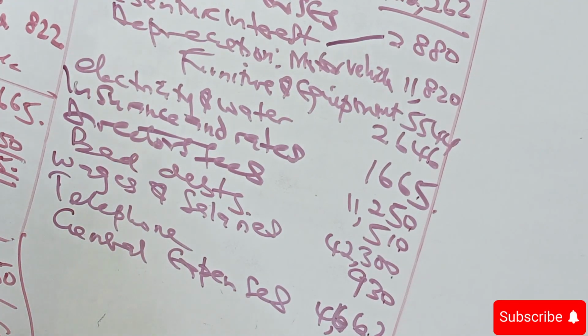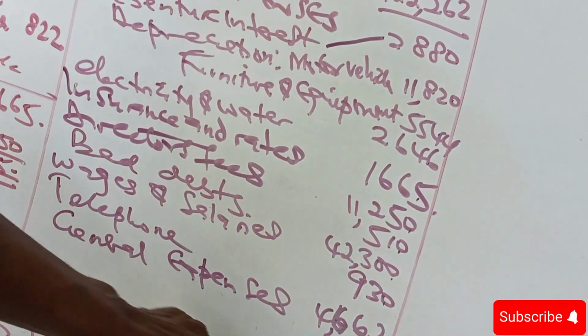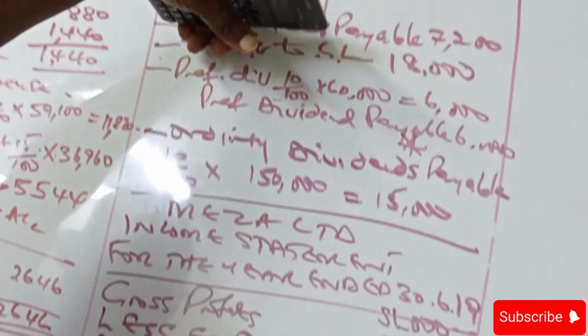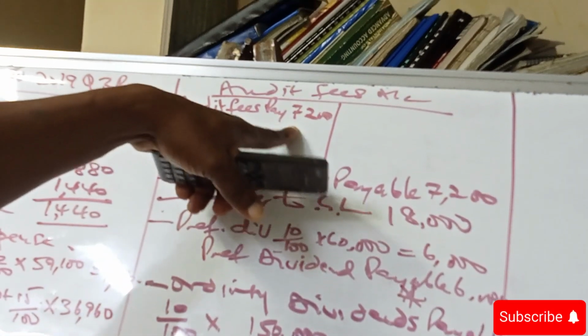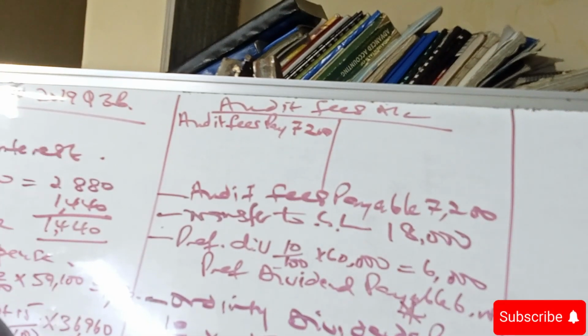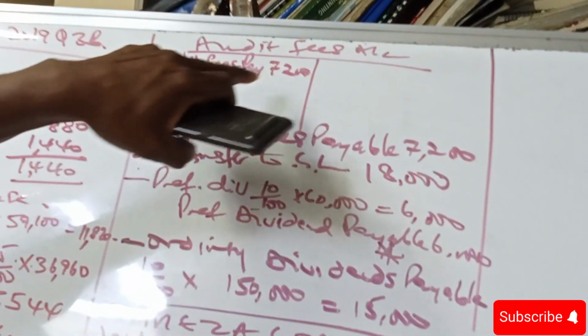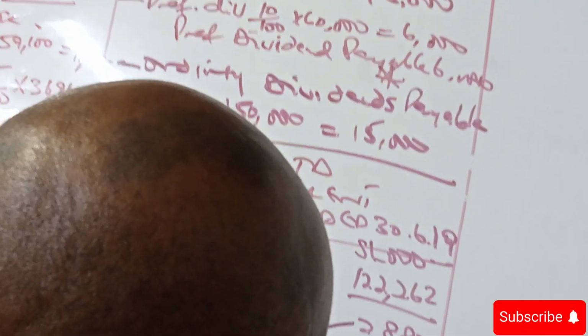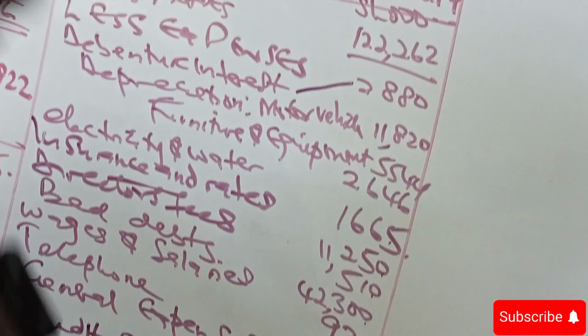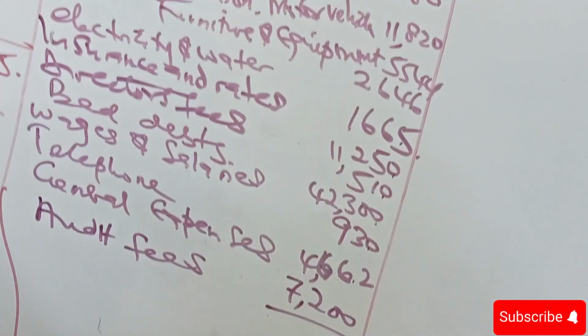There is something we are missing. We're definitely missing audit fee. So we add audit fees here, 7,200. Let's try to add them up now.